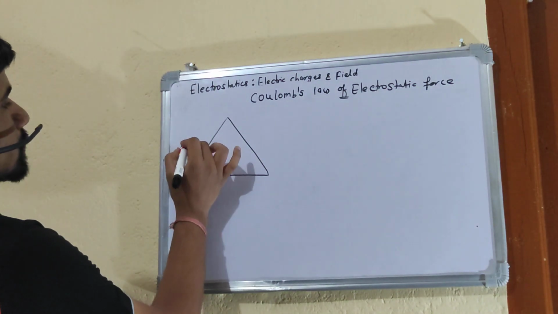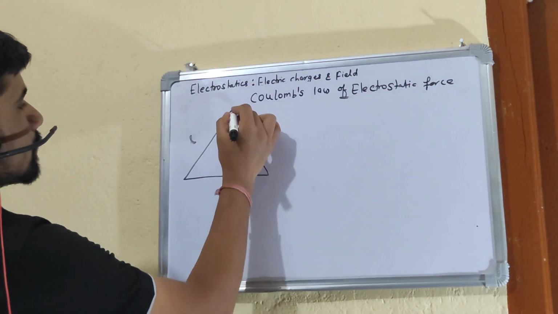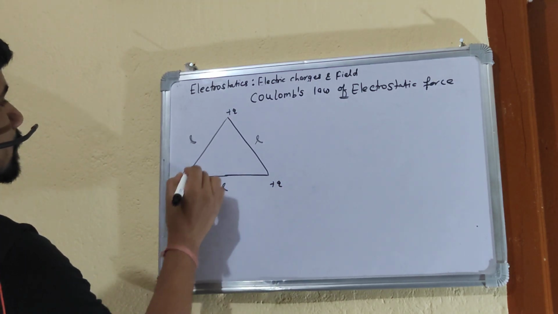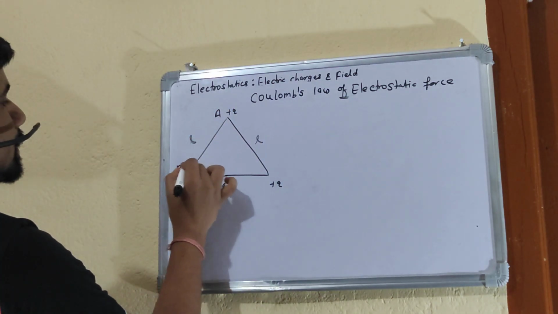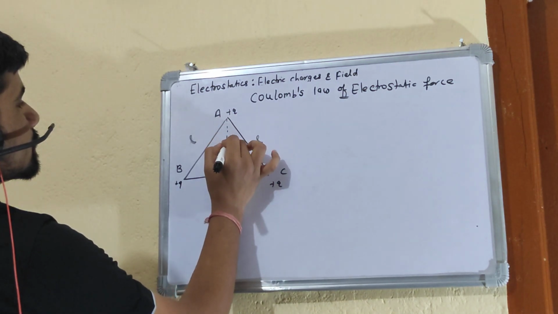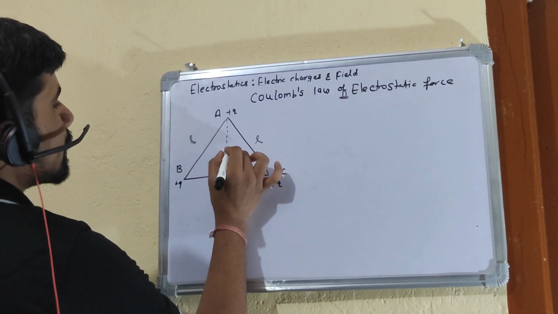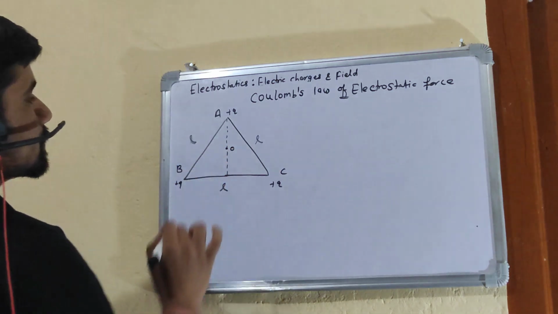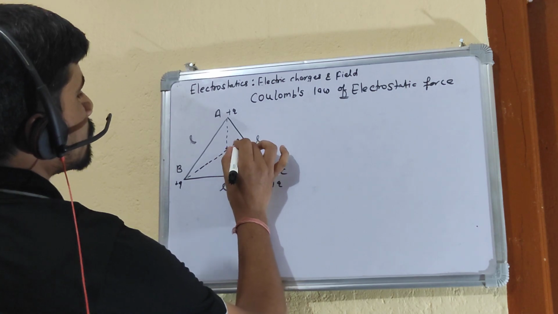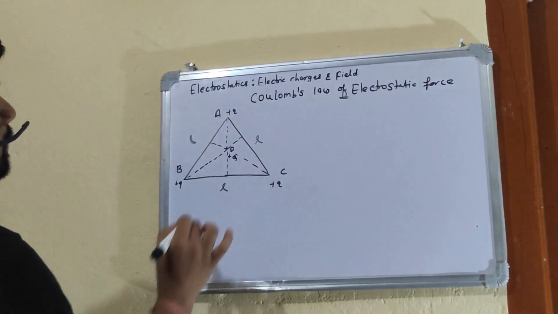Right, so this is L, this is L and this is L. These are plus Q, plus Q, plus Q at points A, B, C. The centroid and the altitude overlap, so this is the centroid, and there is a charge plus Q there.